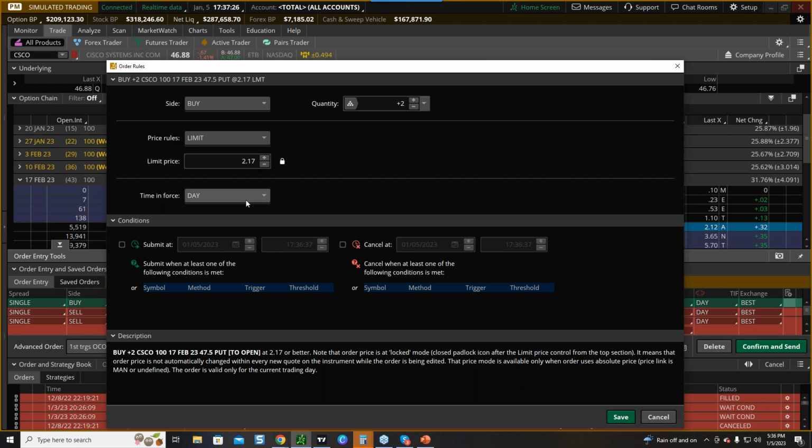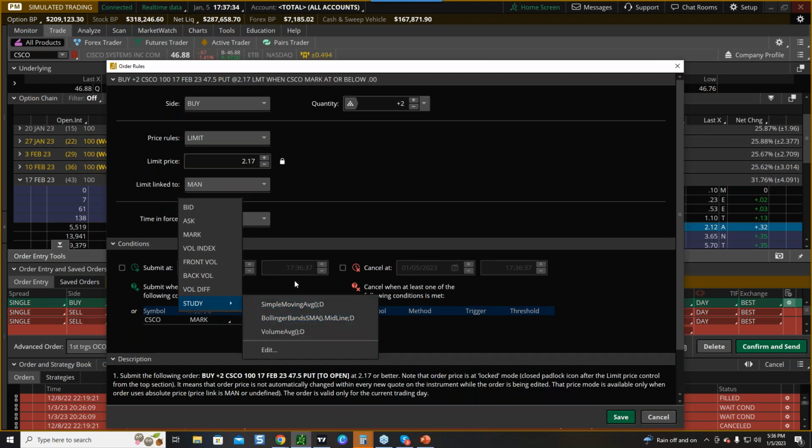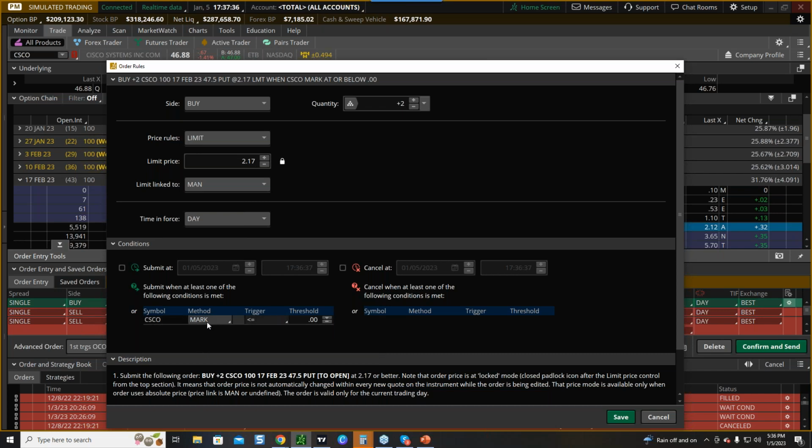That's the option details. Now the condition to execute the trade, this is the pending order. The condition is I want to execute the trade only if Cisco marks less than or equal to 46.75. This must happen first.